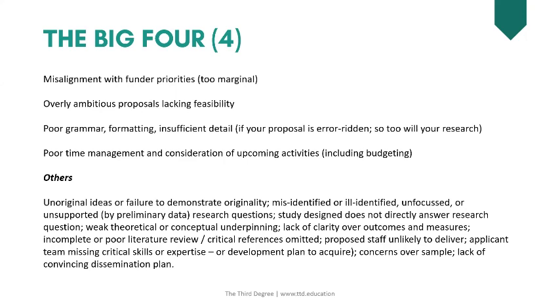And the fourth big mistake is poor time management and consideration of upcoming activities. So you don't actually plan well enough how you can execute this research and how you can disseminate this research, which includes budgeting. Maybe you under budget for dissemination, which means you've done the research, but the community doesn't get to learn about it. So that means it's not met my objectives as the funding organization.